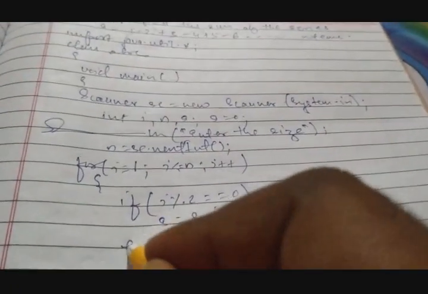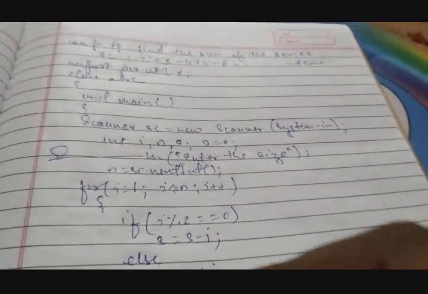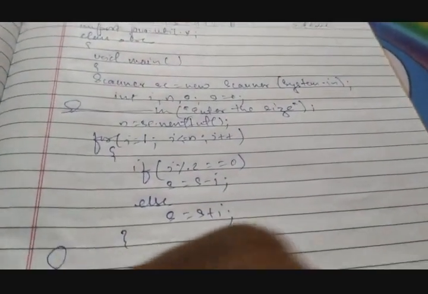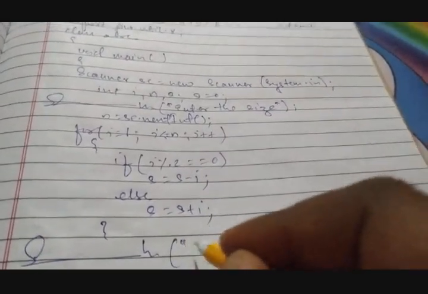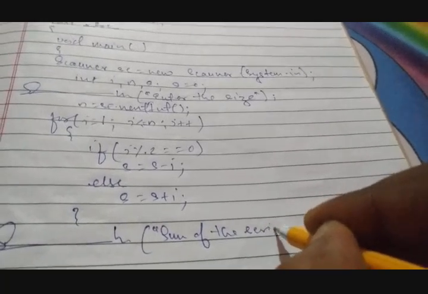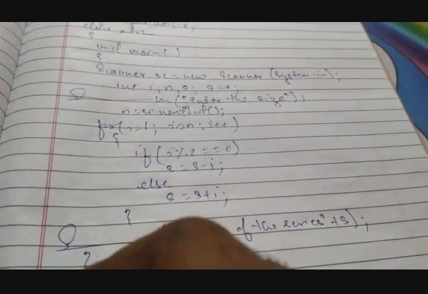If it is odd, then s equals to s plus i. Close the loop and then print it out: sum of the series plus s. Main close, class close.